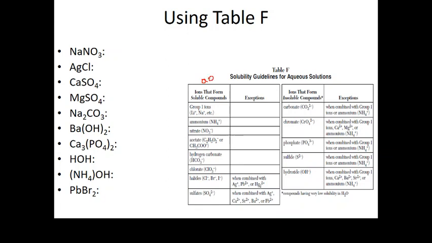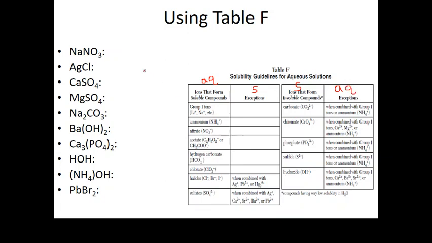If I am soluble, I know I am aqueous. If I'm an exception to being soluble, then I am going to be a solid, or a precipitate. If I am insoluble, then I know I'm going to be a solid. And an exception to being insoluble means that you're going to in fact be aqueous.